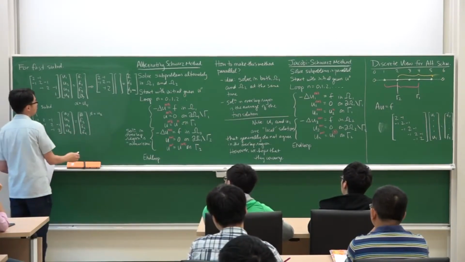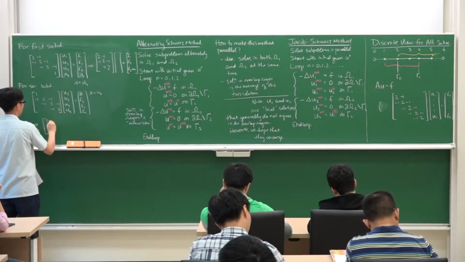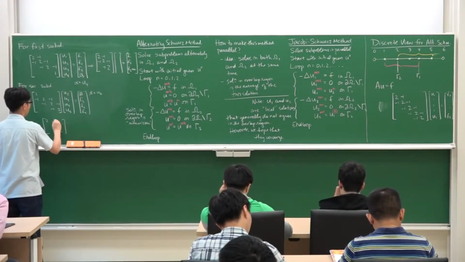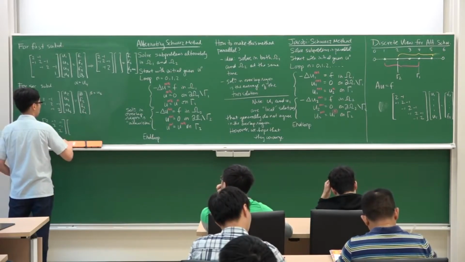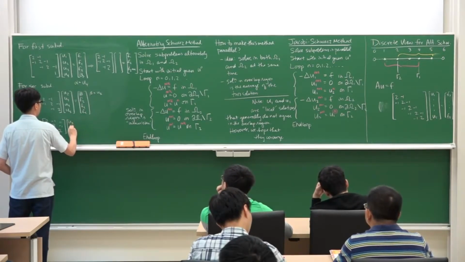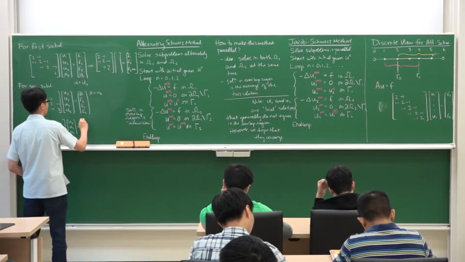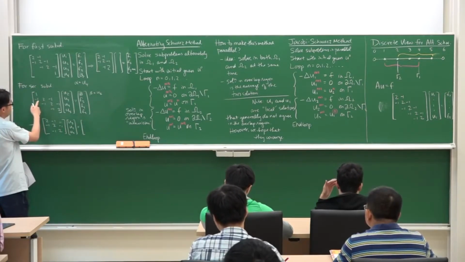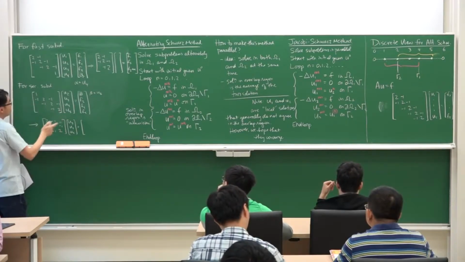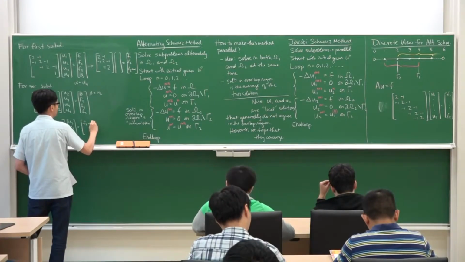And I can simplify this like I did above. 2, 2, 2, minus 1 on the off diagonals, times U3, U4, U5 equals. So for the equation for U3, I'm going to move the known value to the right-hand side. So that's F3 plus beta, F4, F5.